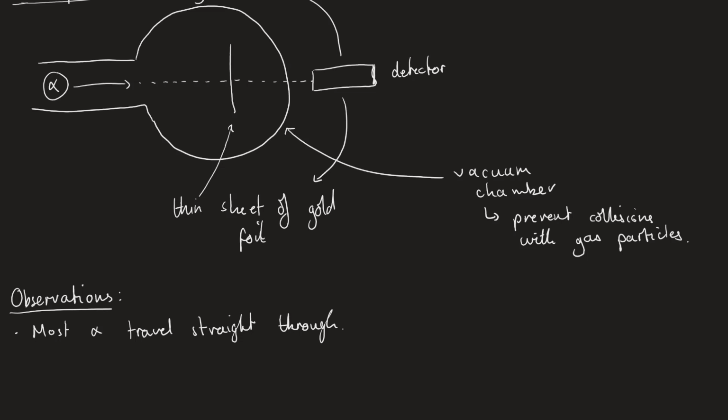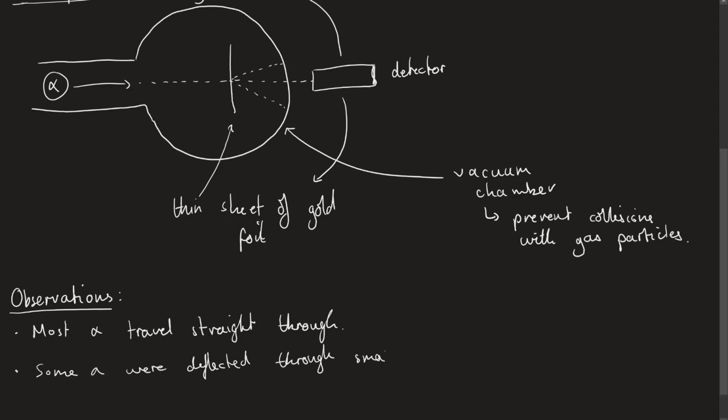He then started to rotate the detector around, and he found that he could actually detect some of them through some small angles, which means they've had some small deflection. So some alpha were deflected through some small angle.